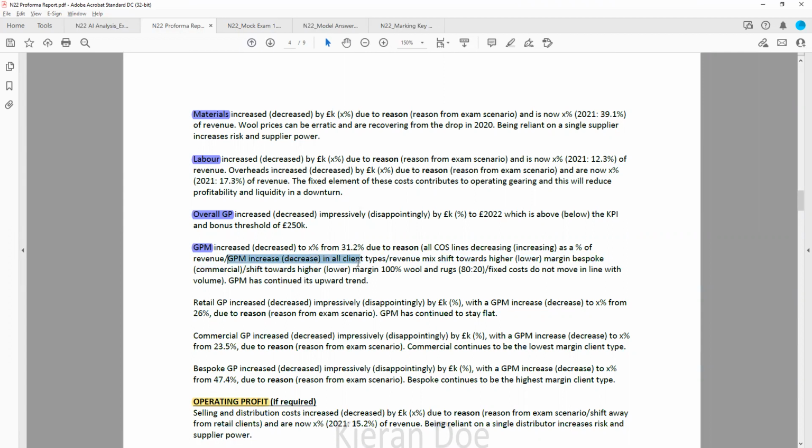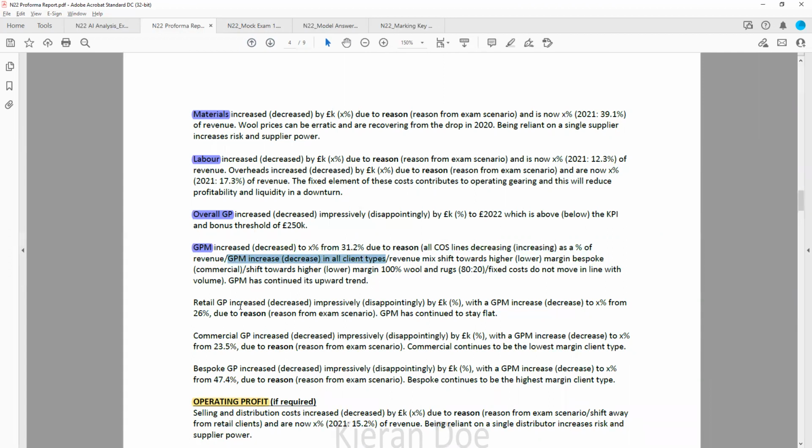Whether there's been a gross profit margin increase in all of the client types. Again, looking at that big picture, if the gross profit margin has increased in all of the client types, that would obviously cause gross profit overall to go up. If it's only gone up in a couple, or even if it has gone up in all three, you could put those numbers in here.